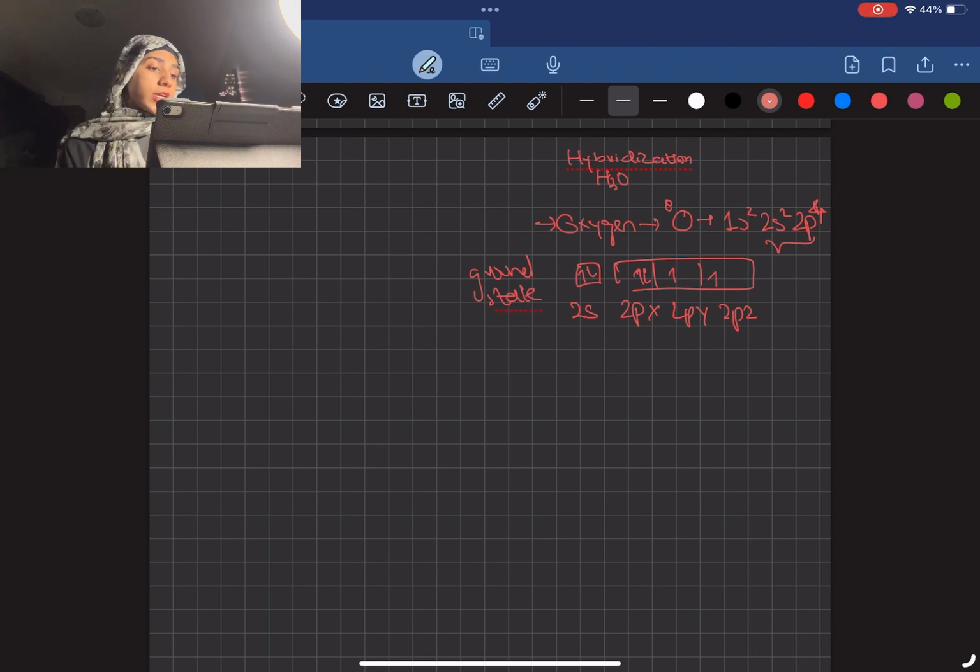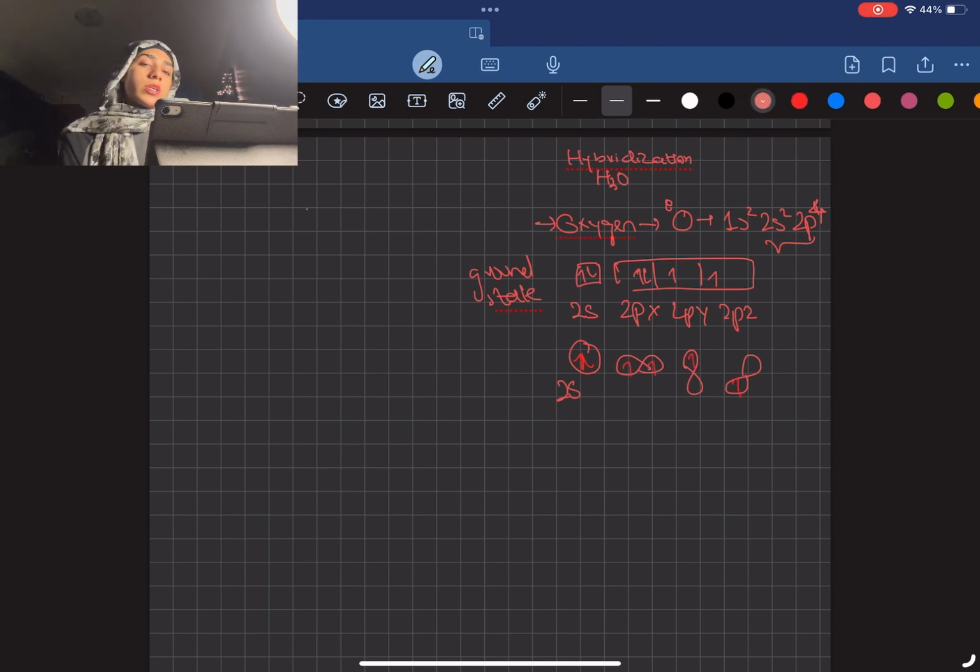Now I'll draw my shapes. So 2s is a sphere, and the dumbbell shapes. I'll add my electrons in here. Now the question is, would it go under sp3, sp2, or sp hybridization?